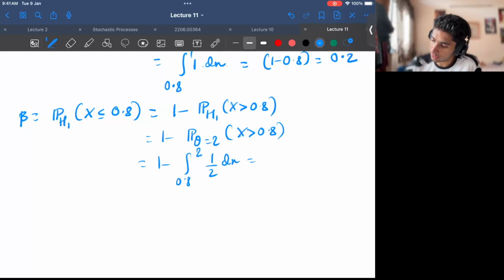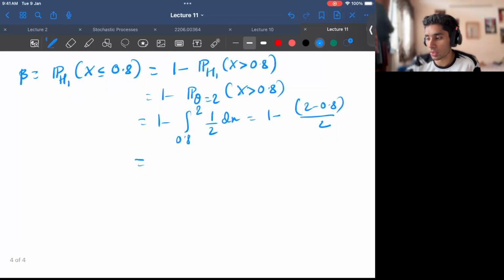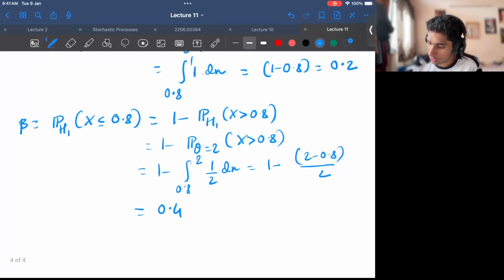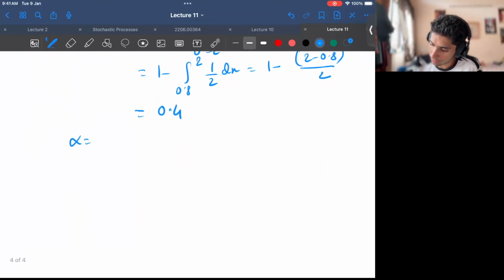This will become 1 minus (2 minus 0.8) by 2. 2 minus 0.8 is 1.2, by 2 is 0.6. 1 minus 0.6 is 0.4. So you have your answer here: alpha is equal to 0.2 and beta is equal to 0.4.